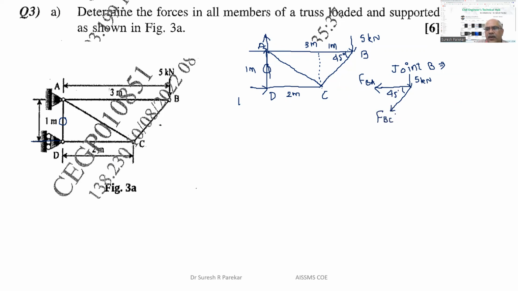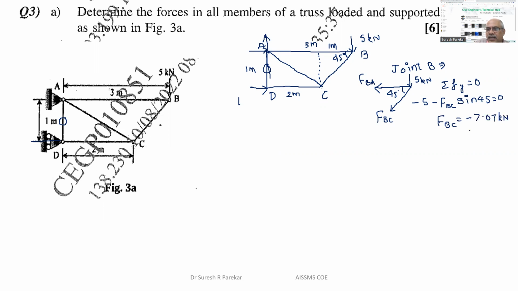Now we have component of FBC only in vertical direction. So I will apply summation Fy = 0. So I have minus 5 minus FBC sine 45 equal to 0. And we will get FBC equal to minus 5 divided by sine 45, and we have 7.07 kilonewton.